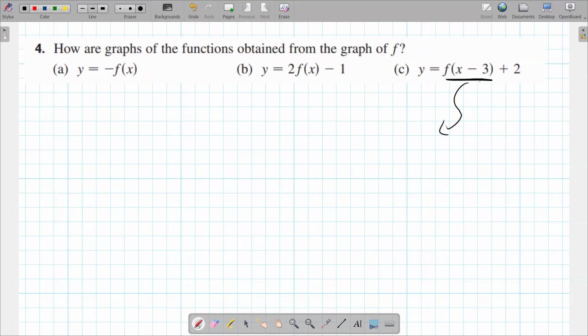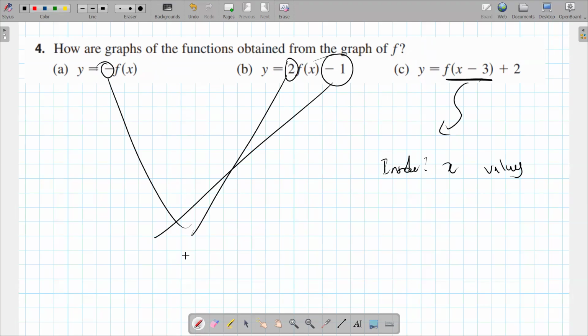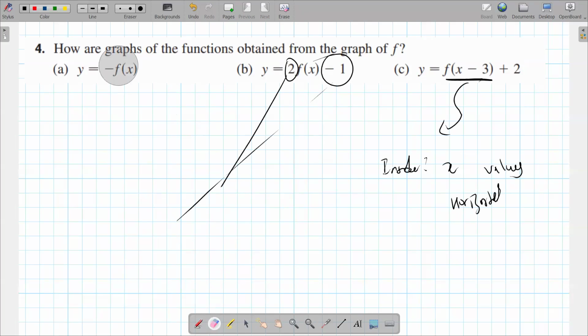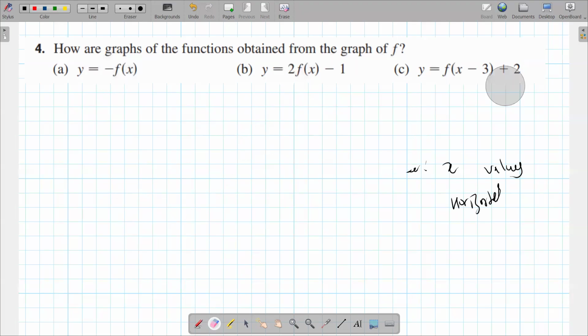If it's being done inside, remember, it's the x values that will change. If it's done outside, then it's the y transformation. It's the vertical transformation, and the y values will change. These are for horizontal if it's being done inside; if it's being done outside, it's for the y values, for vertical transformations. So let's look at A.